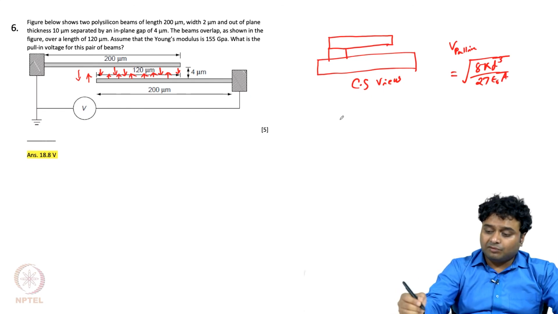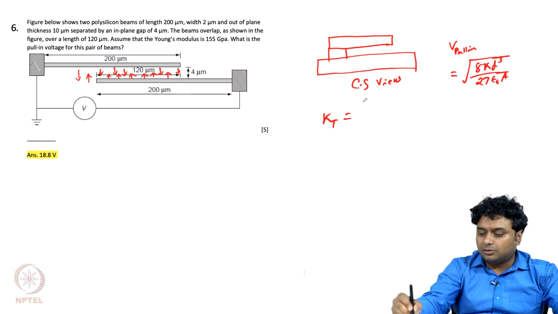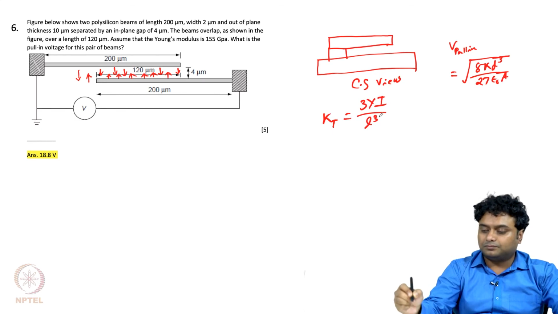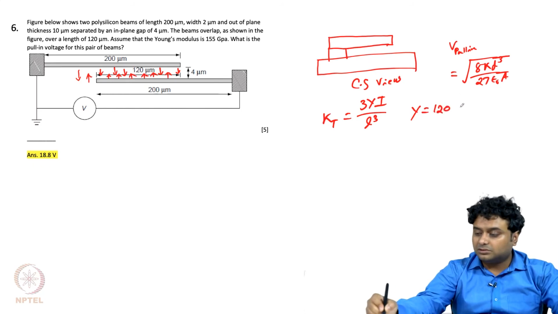So for the transverse case we already know that the stiffness constant is equal to 3YI by L cube, right, 3YI by L cube. Here now we know Y is equal to 120 GPa, or 120 into 10 to the power 9 Newton per meter square, right.